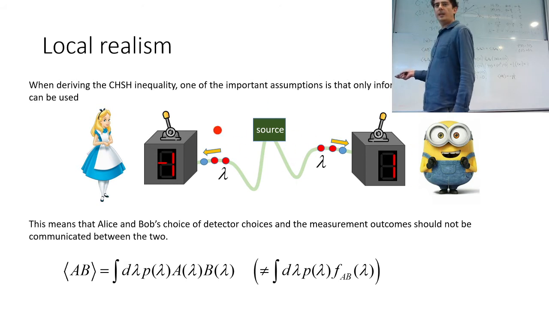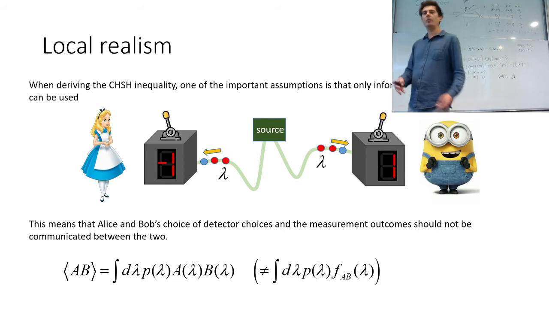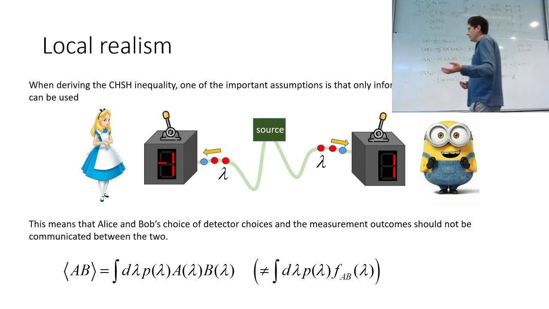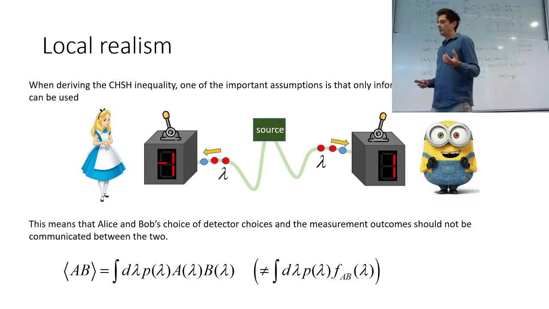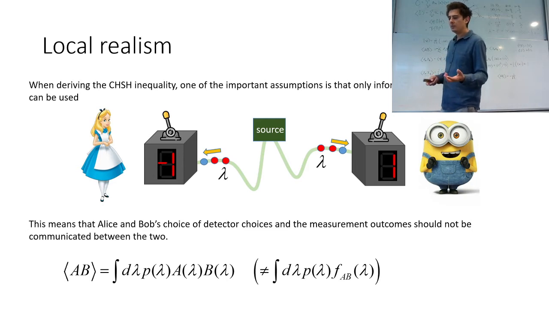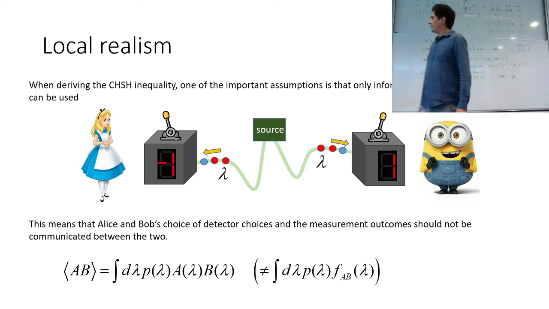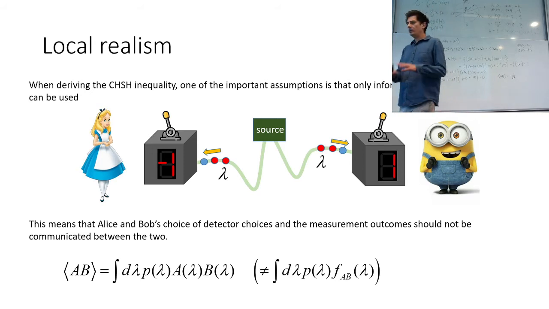They can't really communicate except for looking at statistics of some kind of common source. But apart from that, they can't communicate to each other at all. And they have a rather limited kind of measurement device in the sense that it only outputs ones or minus ones, and it only has two settings, right? So it's a rather limited situation. But within those assumptions, it should be completely general, right?